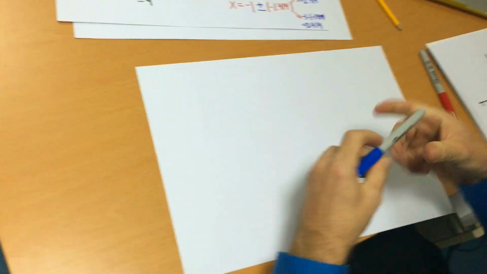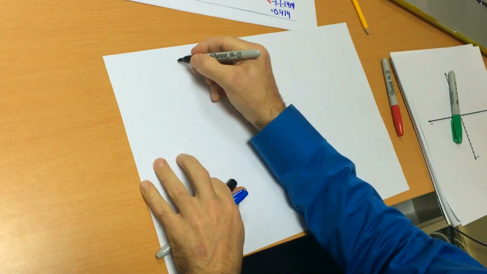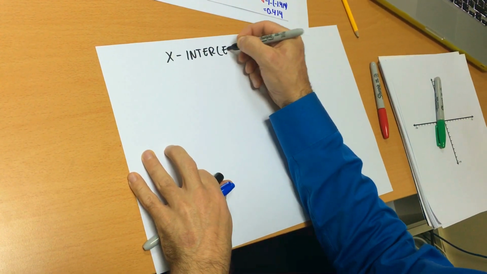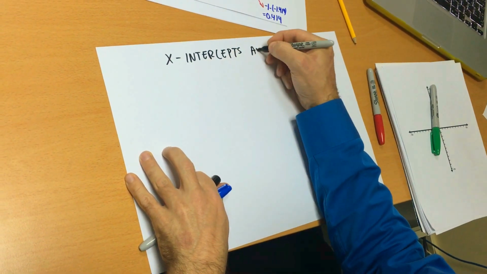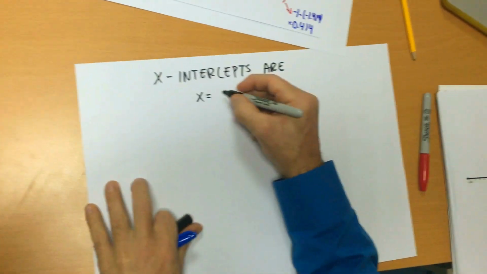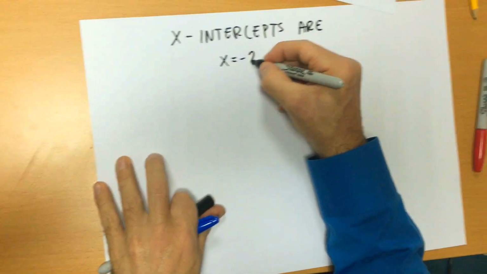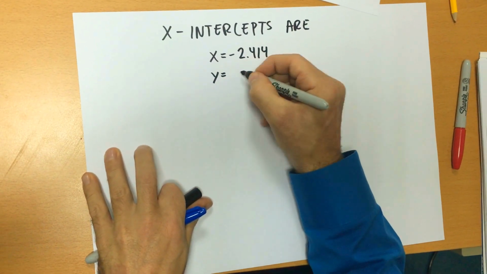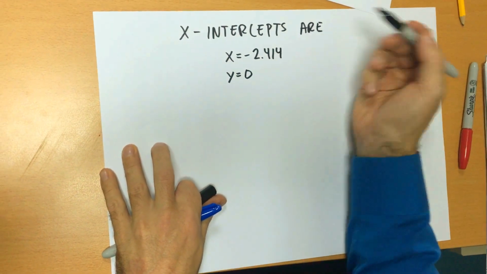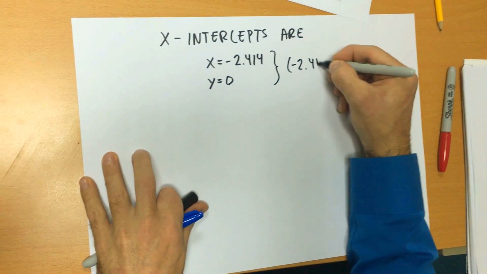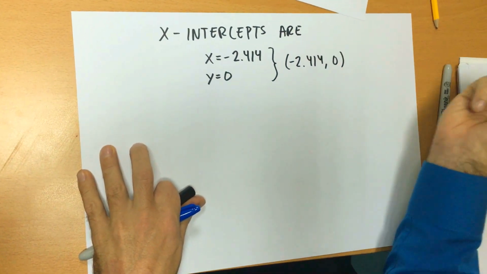So in order to finish this off, I see that the x-intercepts are x equal to negative 2.414, y will be equal to 0, because it's the x-intercepts. I could also write this as negative 2.414, comma 0.